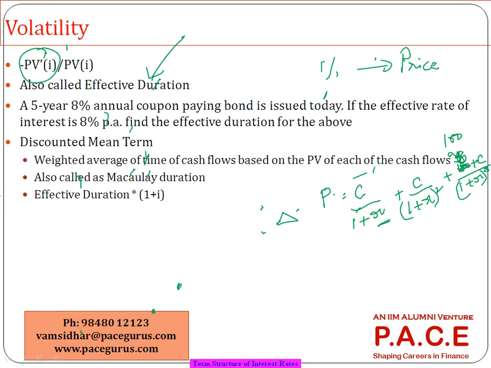This is what is PV dash. Take the derivative of this with respect to R, or with respect to the interest rates.